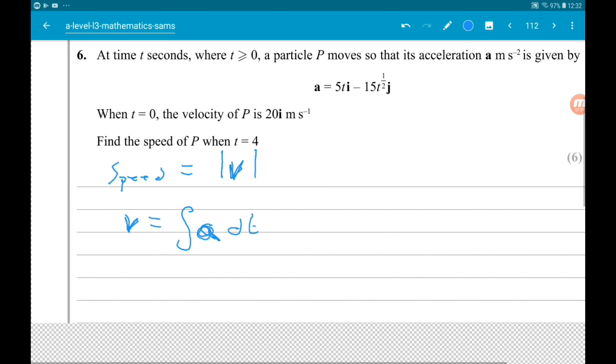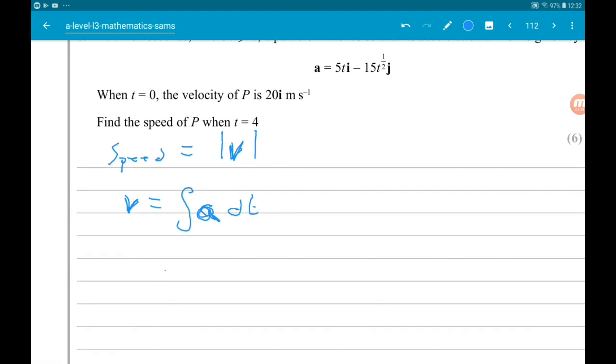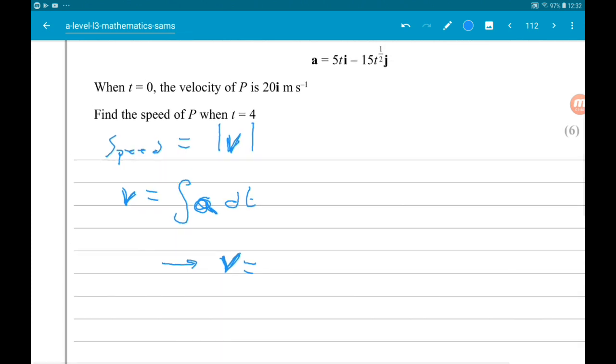Therefore, we can get then that v is equal to, now the integral of 5t is 5t squared over 2. Now we need to put a constant in there as well, so add c.